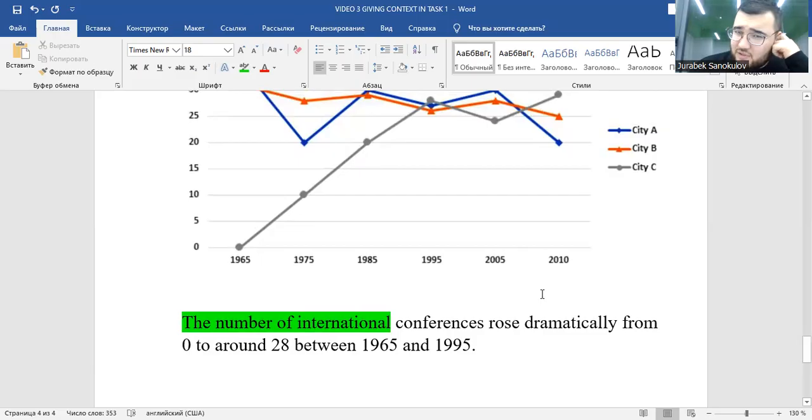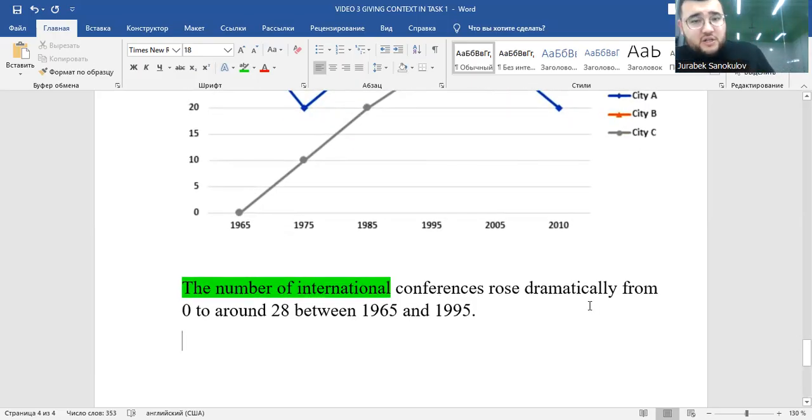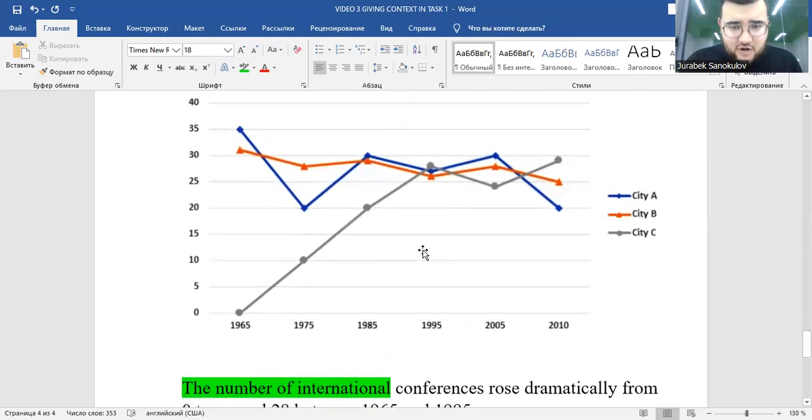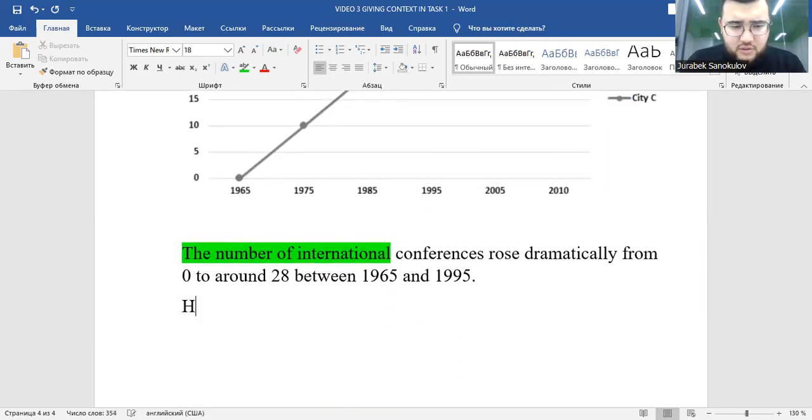You can sometimes use non-universal ways of giving context, but it's going to be dependent on the graph itself. For example, here I can use the word host. Look at this. In 1965, the number of international conferences held in the city C rose dramatically.